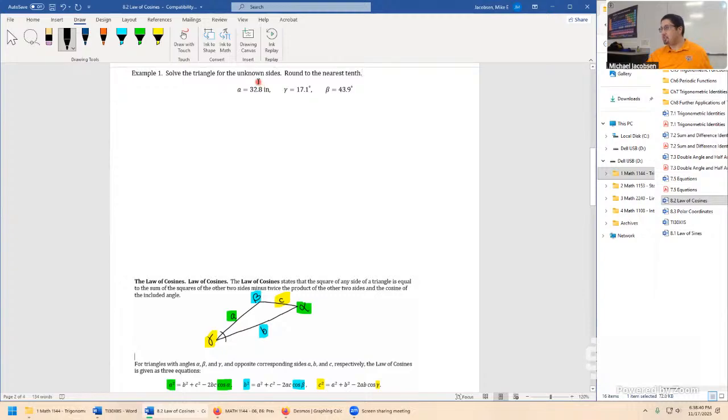Side length A is 32.8 inches. These angles are pretty small, so that means the angle A that's over here is probably quite large. So let's see if I can make that look pretty large.